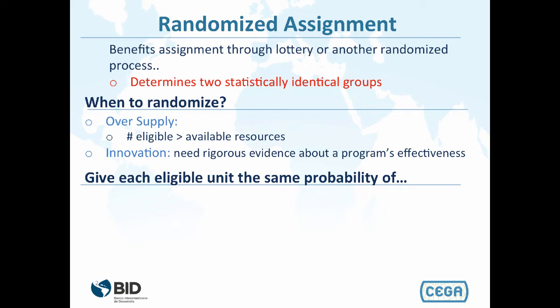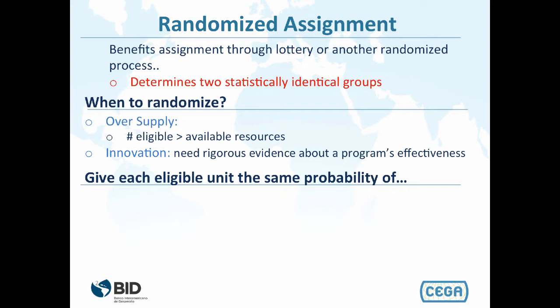Can we take all of the eligible beneficiaries and within the eligibles decide who needs it more than who needs it less? Lots of times that's problematic. So for example, when we get to the poor, it's very hard to know what their exact incomes are. So who's more poor than someone else is a big problem. And lots of times it's too difficult and too expensive to figure that out.